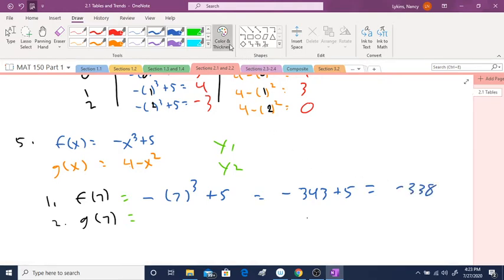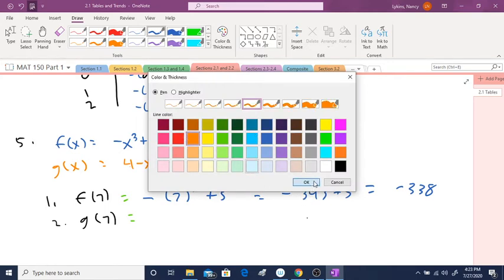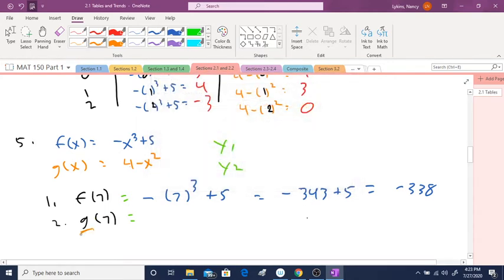Now I'm still using the same 7, but since this is g right here, I'm going to use it in my orange equation. 4 minus 7 squared. That's the same as 4 minus, okay, 7 squared is 49, so it's 4 minus 49, which is a negative 45.